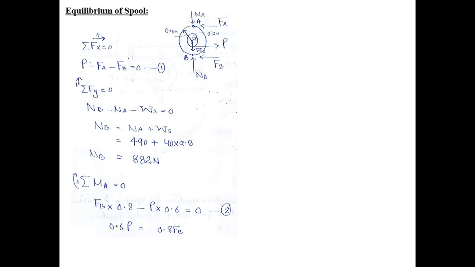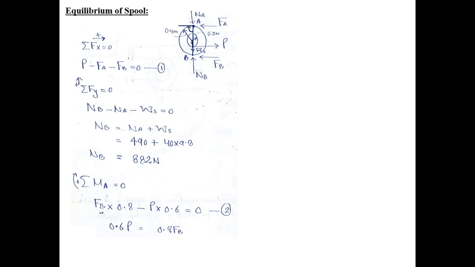This radius is 0.4, right? And FB has a moment arm of 0.8. That is the diameter of this outer spool, and this is in the clockwise direction. This is the moment arm for FB, and you just match the tails and draw the curl, and you get the idea that this moment is clockwise.